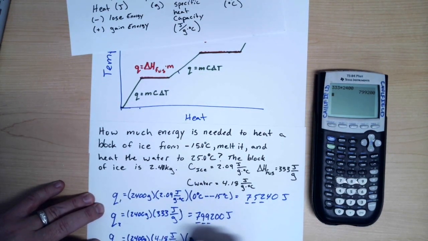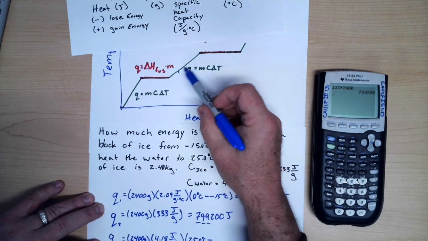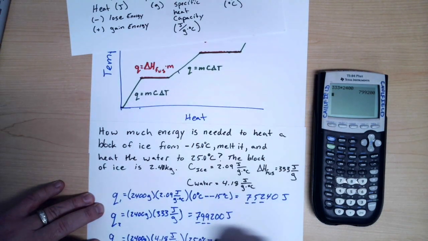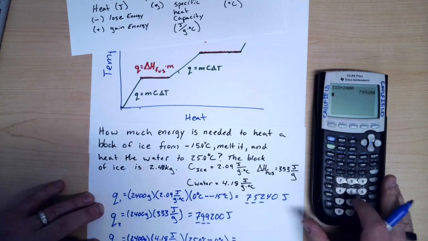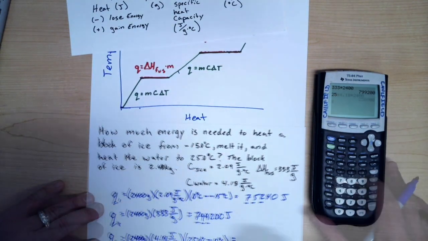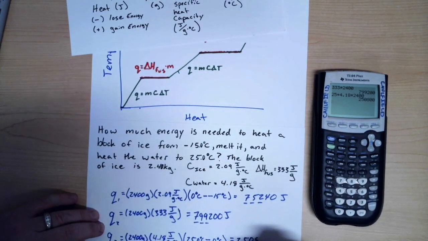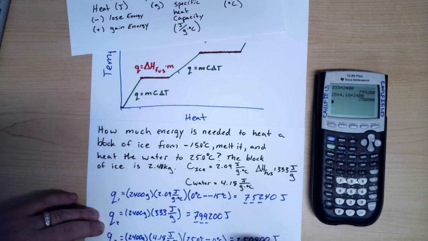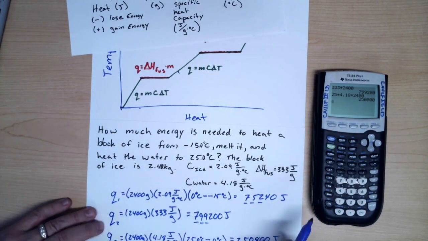Here's my final, 25.0 degrees Celsius, minus initial. Again, I know that it was 0 degrees Celsius, and I'm going to assume that's 0.0. This one's going to be 250,800, good to 3 sig figs.